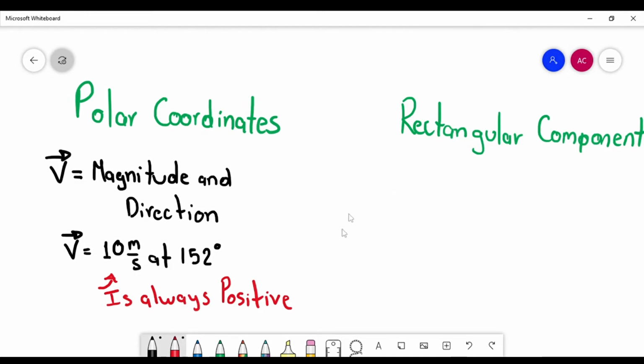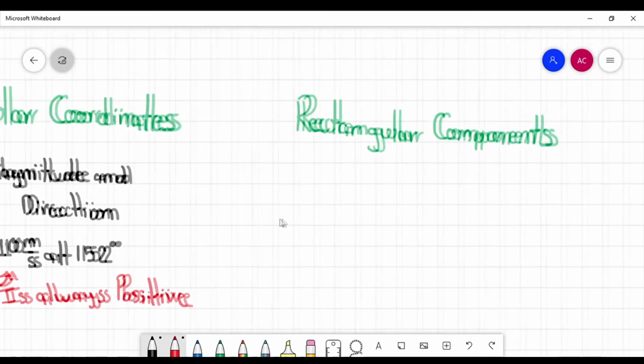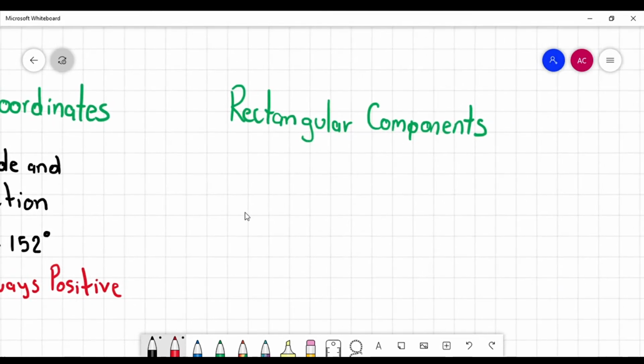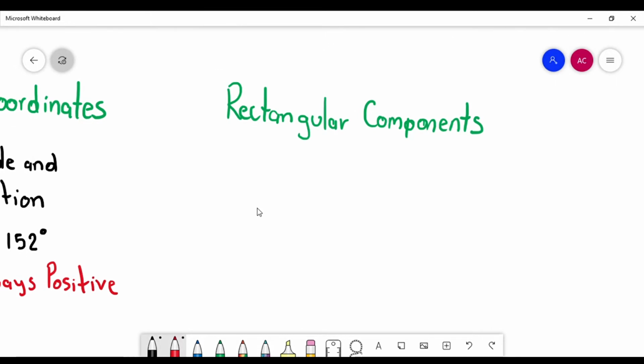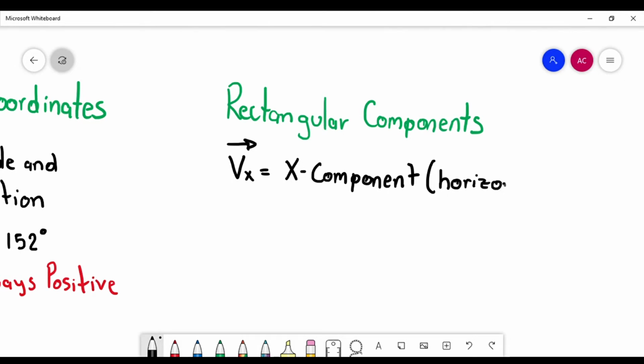Okay, but what about the rectangular components? Okay, so let's see over here. Rectangular components. Now I'm gonna say that every vector has two rectangular components. I'm going back to that explanation in a moment. But those rectangular components will be Bx, and this is the x component, and this is the horizontal component, horizontal.